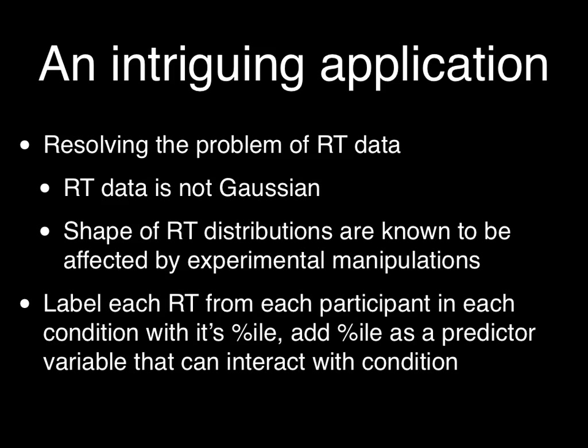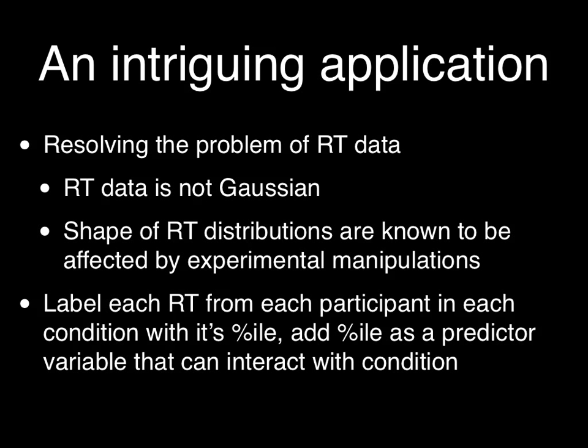So the idea I have is to take reaction time data, and say I have the example of simple reaction time from multiple trials from each of many participants in each of two conditions. What I would do is for each participant in each condition, I would take the RT and label it with its percentile. So the median RT is going to get a 50. The maximum RT is going to get 100.